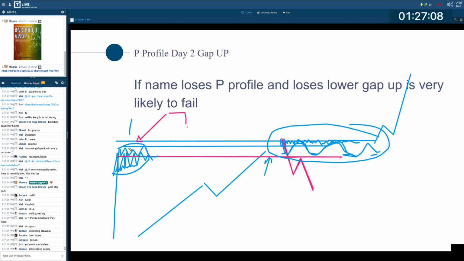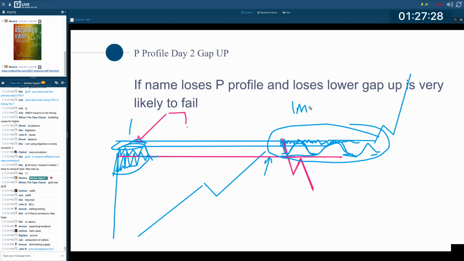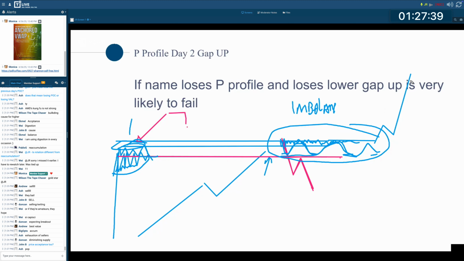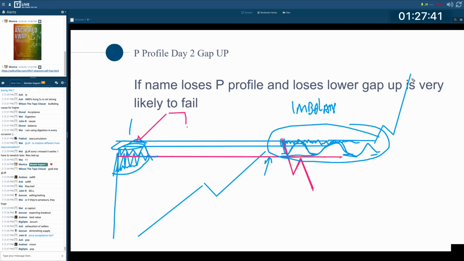Reaccumulative, when you have a P-shaped profile on day 1, your reaccumulative phase is all about buying at fair value, which is now that day's point of control, and absorbing whatever little overhead supply you have from day 1 until you run out of supply. And what happens? Imbalance. Right? Not enough shares. And what happens to price? Well, you need price acceptance for all of this to happen. But I'm trying to point out the mechanism that's taking place here.